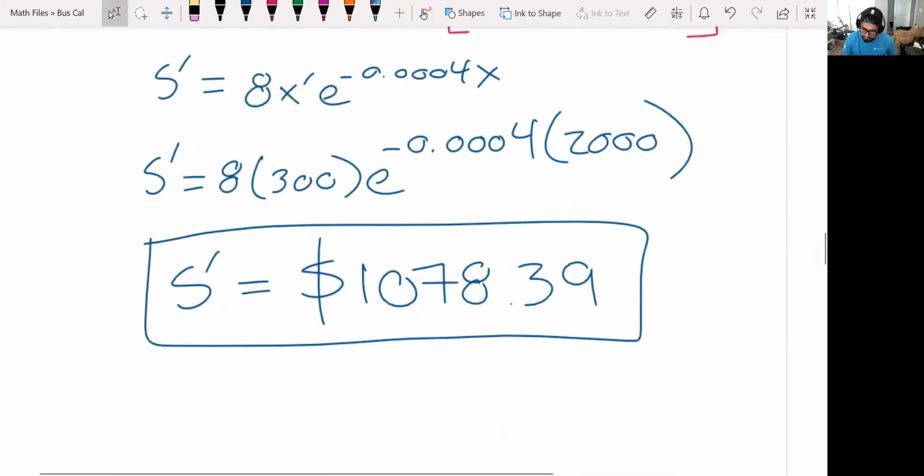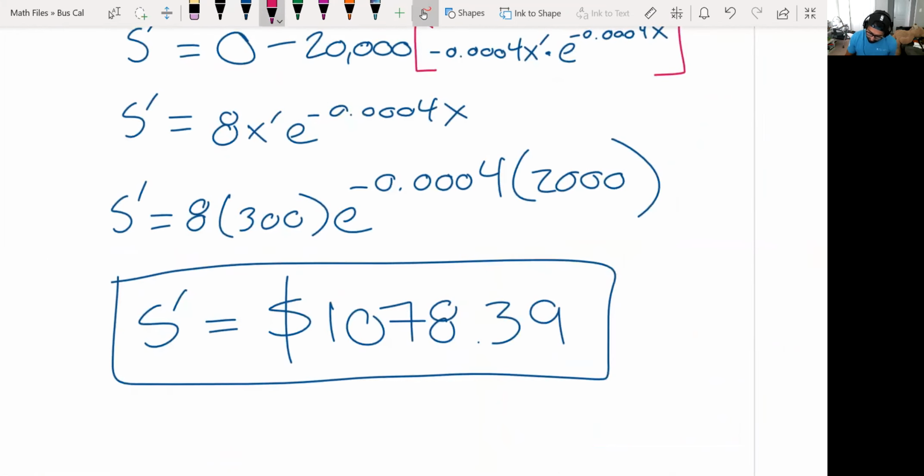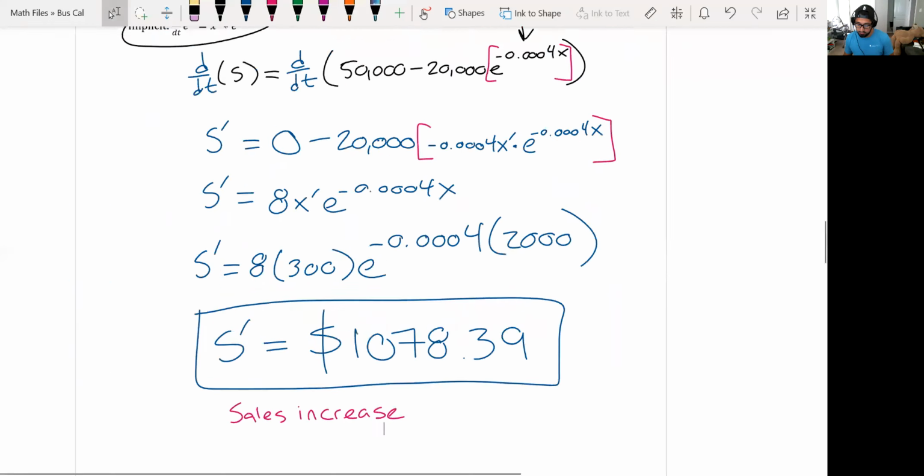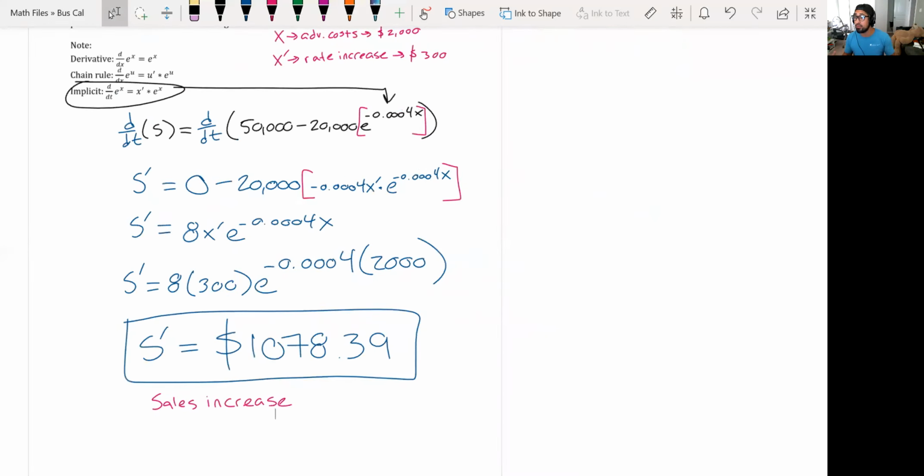So we can say here, sales increase. It increases once again because it is a positive number. It is a positive derivative, a positive slope, a positive rate of change, so increase, increase, increase.